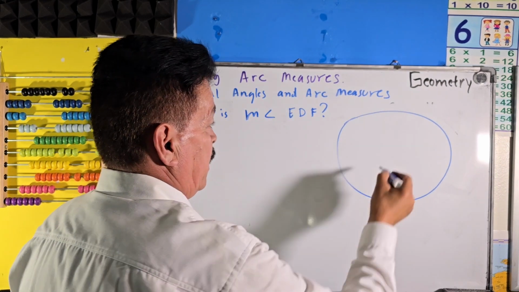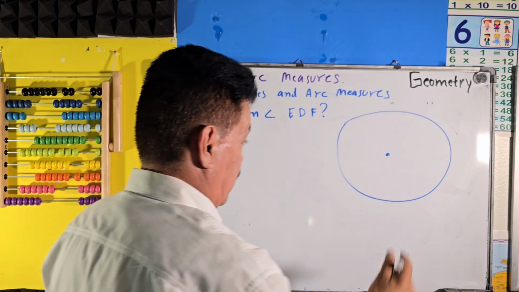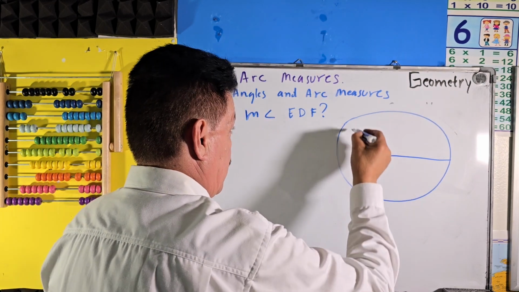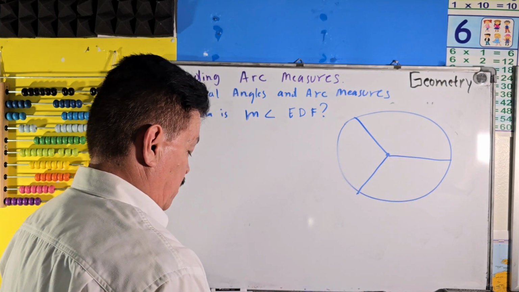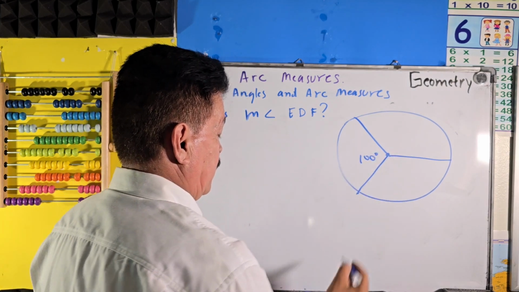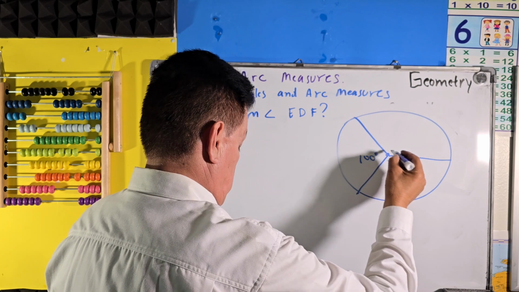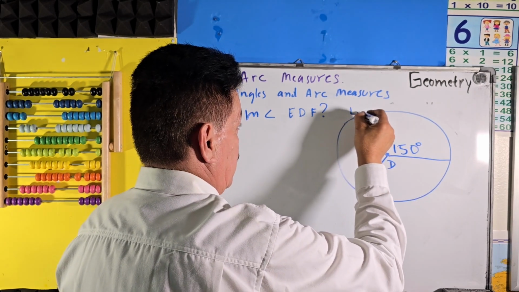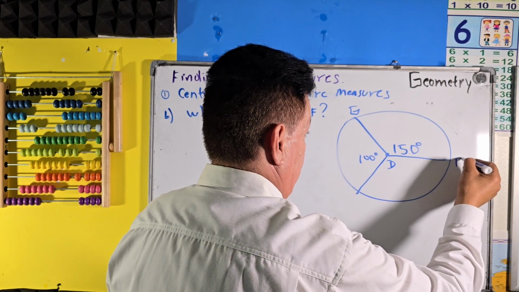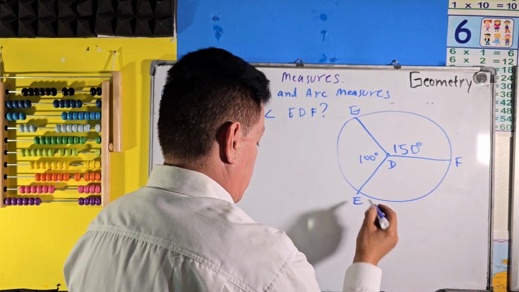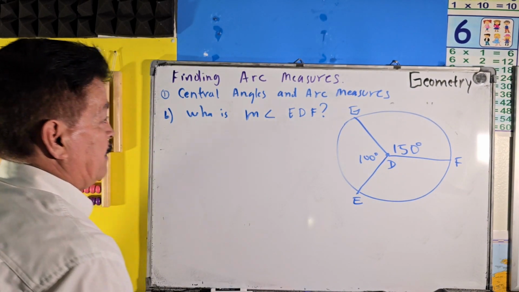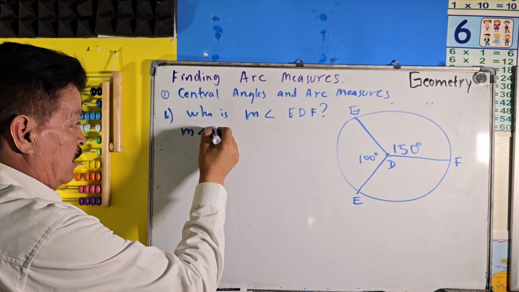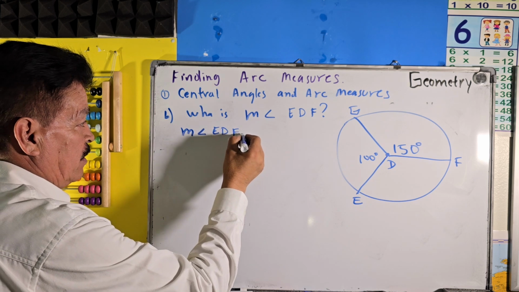We have this circle here with some values: this number is 100 degrees, this is D, this is 150 degrees, and here are G, F, and E. We have to find the measure of EDF.